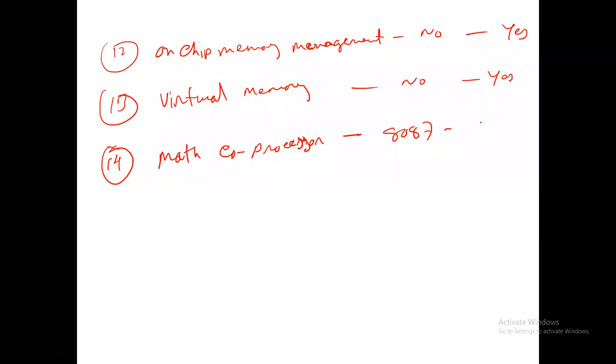Math coprocessor is not available in the Pentium 1, but it has an on-chip floating point processor.